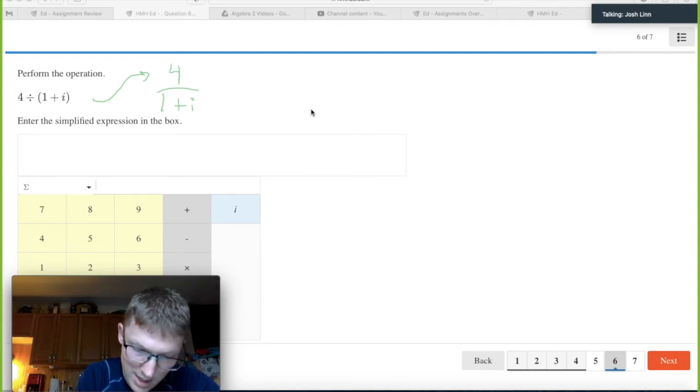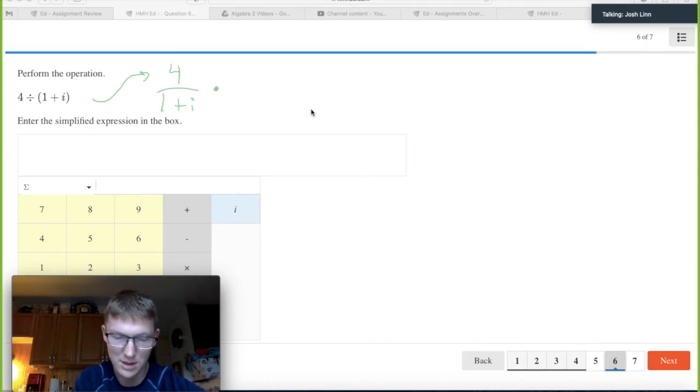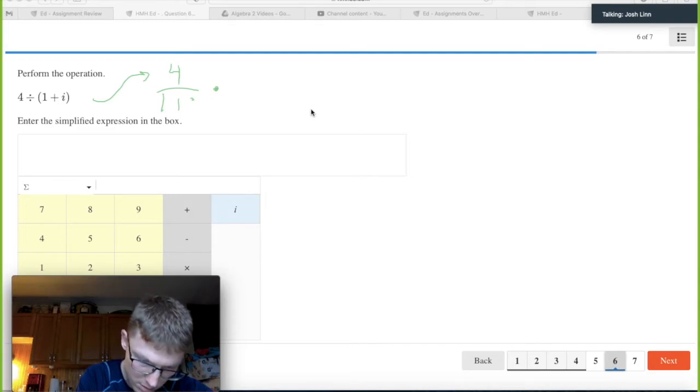So we don't like that, so we're going to multiply by a fancy version of 1, and hopefully you should know that this is the conjugate of the denominator. So we're going to multiply by, again, a fancy version of 1. Oh no, where'd my stuff go? i plus, there we go. And the conjugate of 1 plus i is going to be 1 minus i. So 1 minus i on both sides.